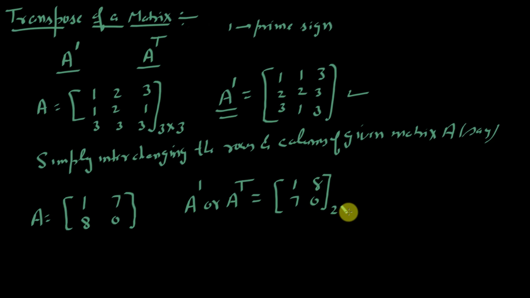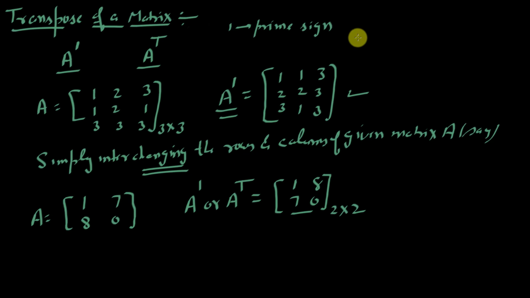So this is again 2 by 2. Or we can also see otherwise 1 8 is its first column. Now this first column will become first row, 1 8. 7 0 is now second column, it will become the second row. So rows and columns have been interchanged.